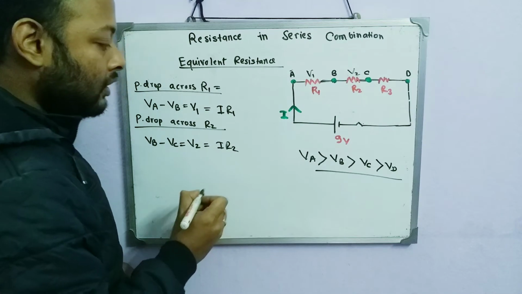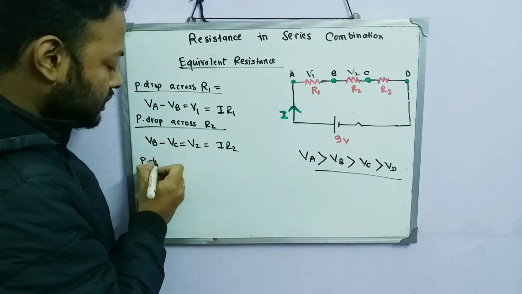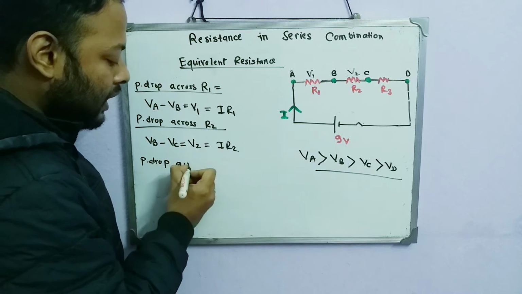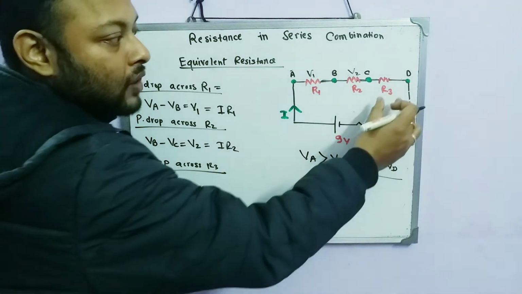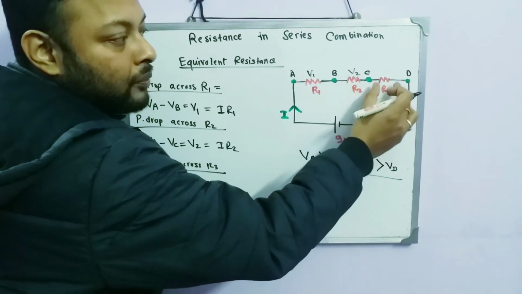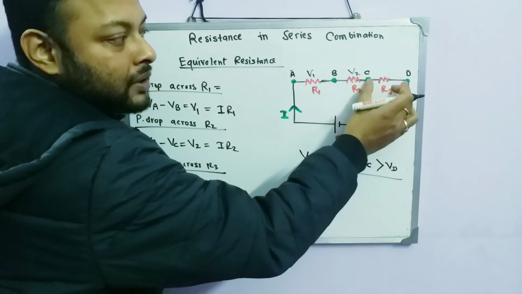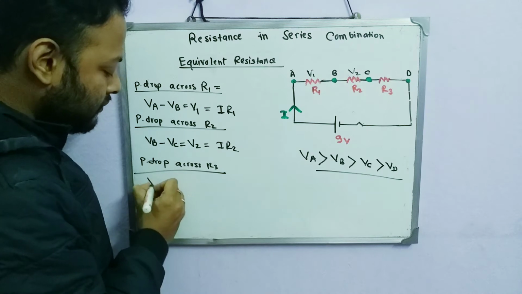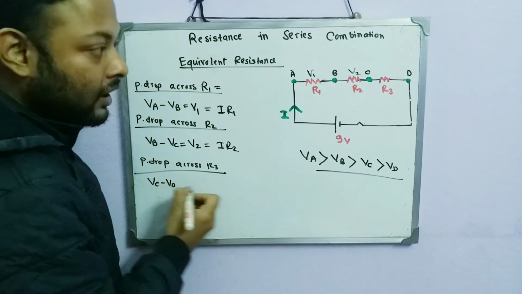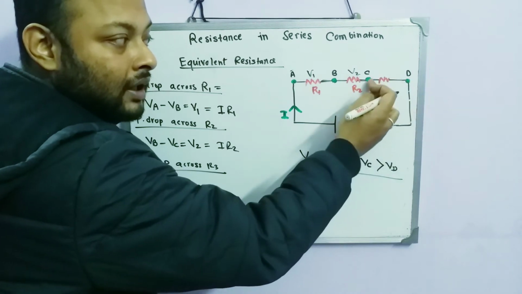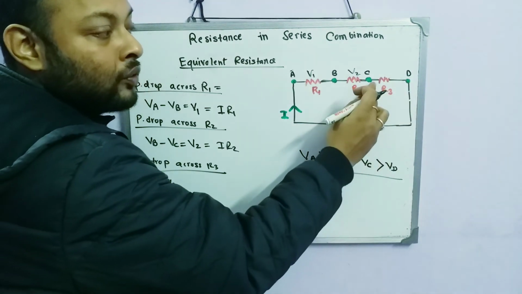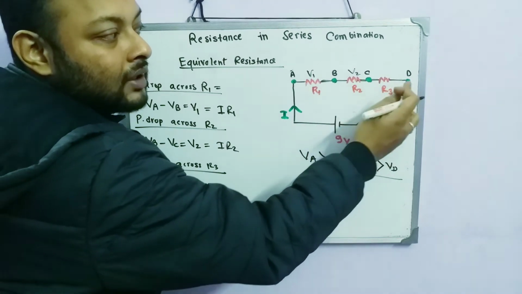Right? Now again, the potential drop across R3. If I do so, R3 means what? I have to calculate the potential drop across R3, between these 2 points. So it will be VC minus VD. I won't take VD minus VC because I already know this is smaller and this is bigger. So when I subtract, I take the larger value minus the smaller value.